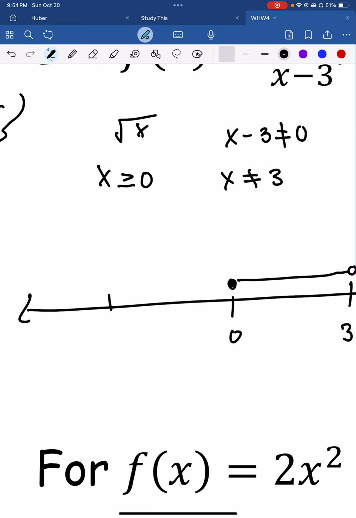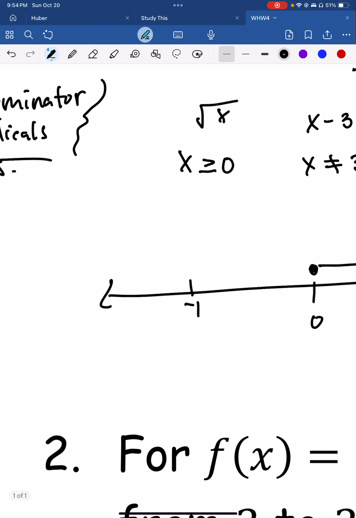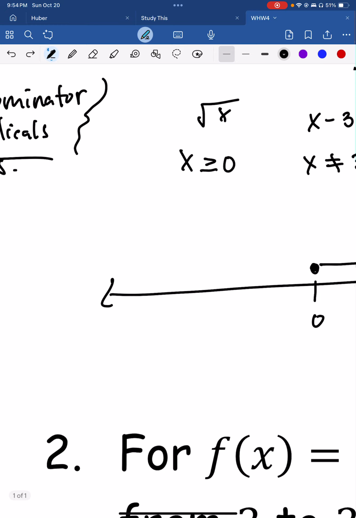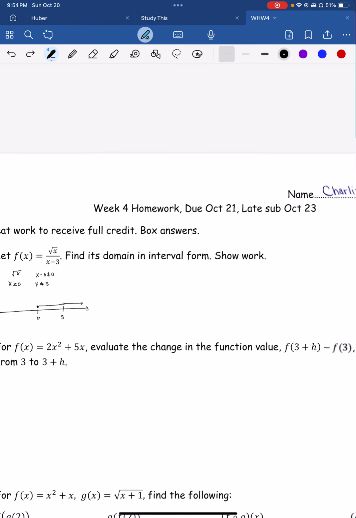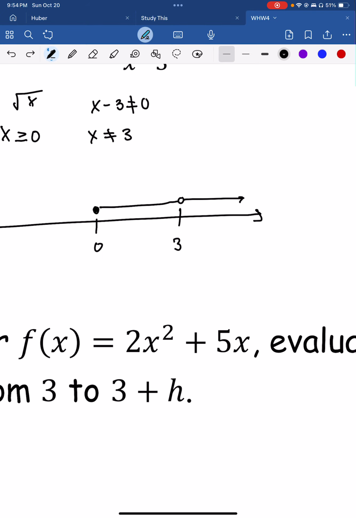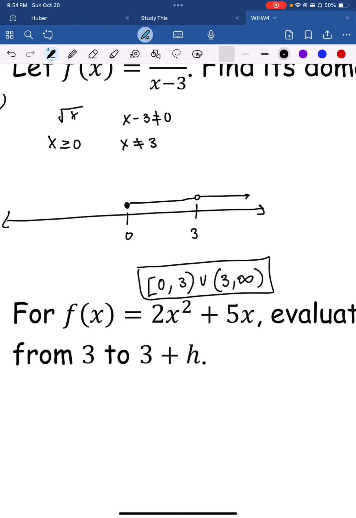For example, -1, even though that can be a denominator, it cannot be in the radical, and so therefore the domain still would not work. To write in interval form, I would just do a bracket, 0, comma, 3, parentheses, union, 3, infinity, and that's it for this question.